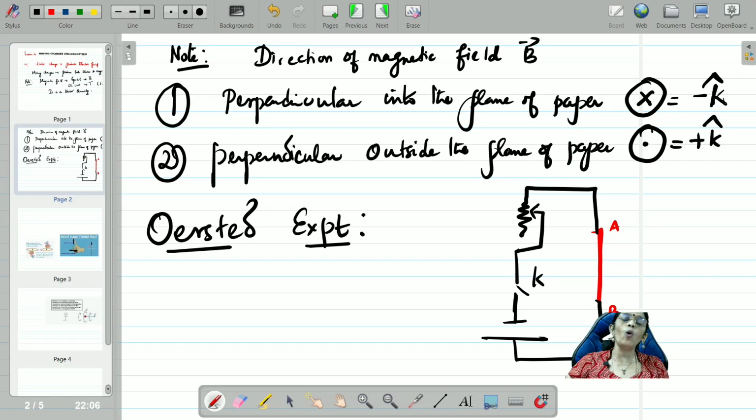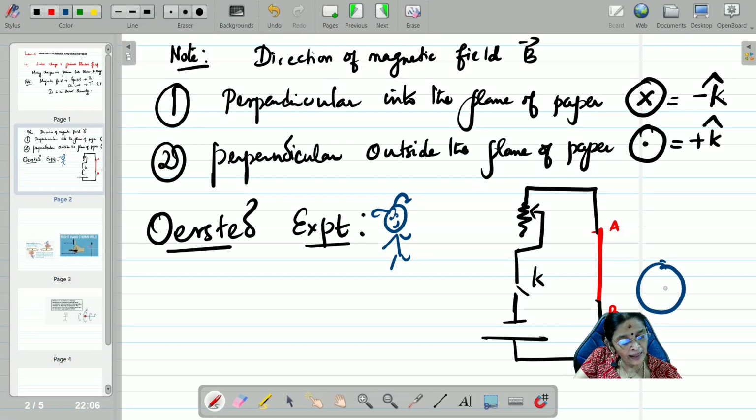Now what happened? The teacher had to go out of the lab for a meeting. During the time, what does Oersted do? He wanted to experiment with it. He was so excited to experience the same thing. He was meddling with the apparatus.